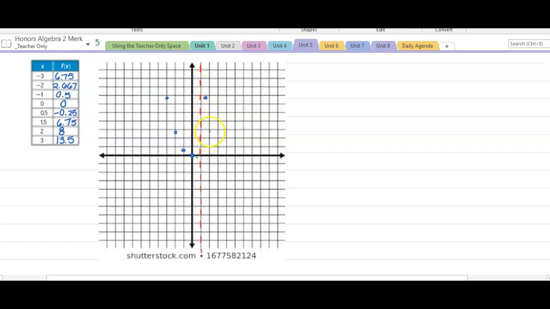Let's make sure we count correctly. 2, 4, 6, 8. And like we said, 3, 13.5 would fall off the graph.